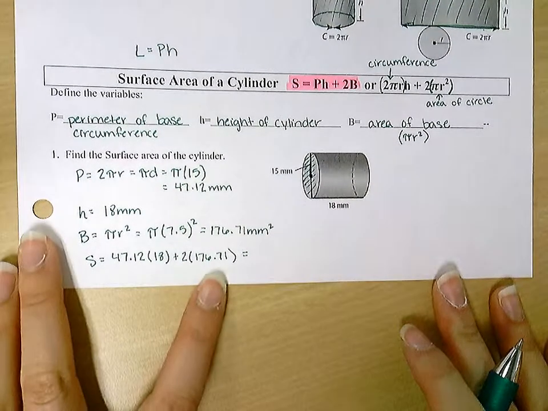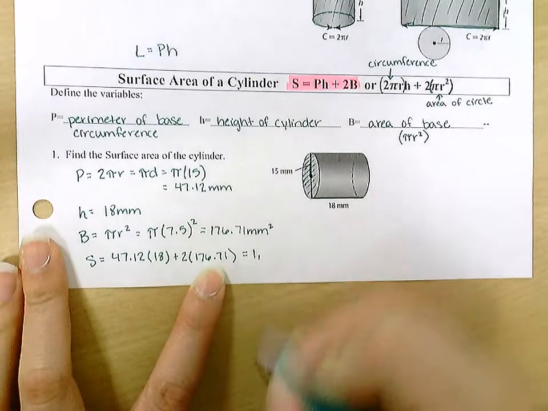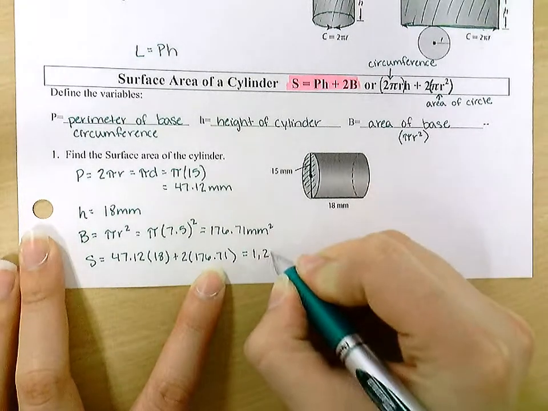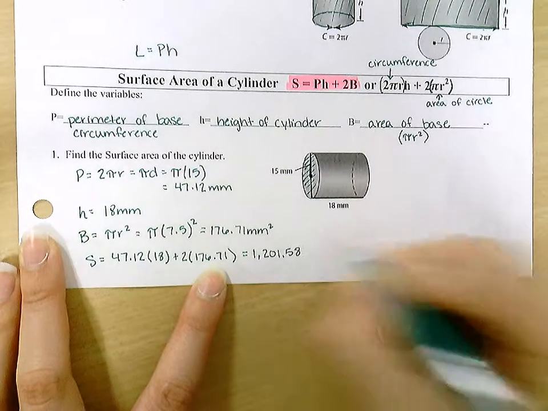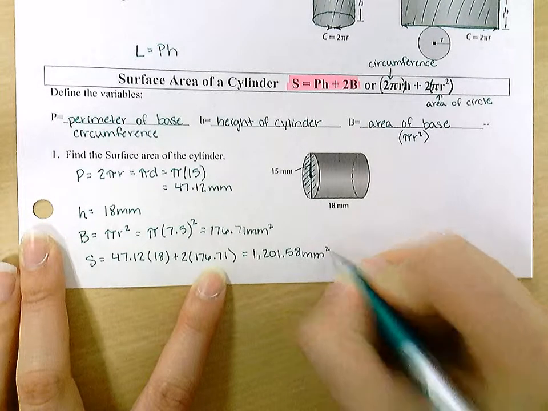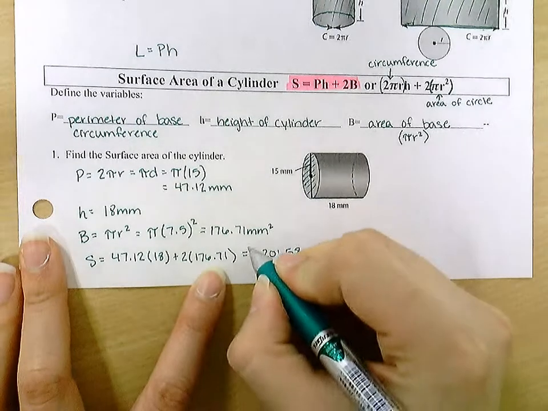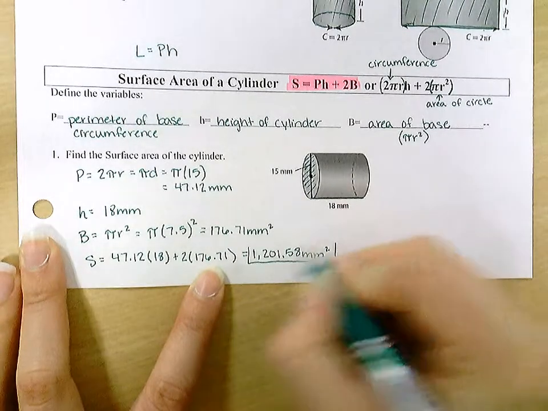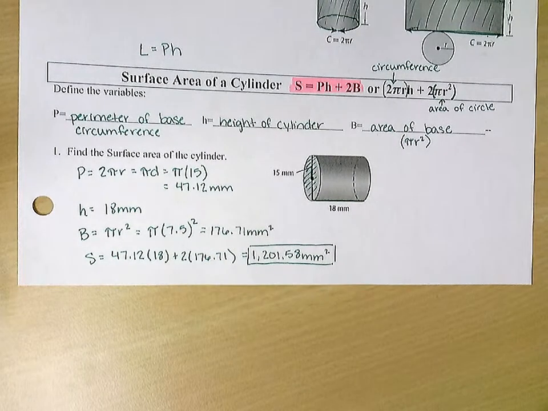Okay, so you can then just plug that into your calculator, and you should get 1,201.58 millimeters squared. And that would be your surface area of that cylinder.